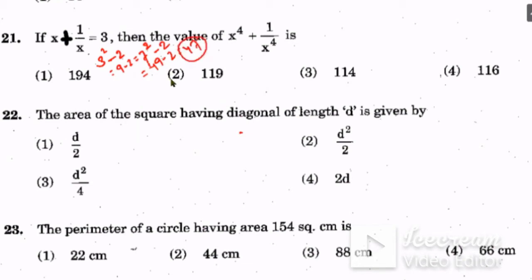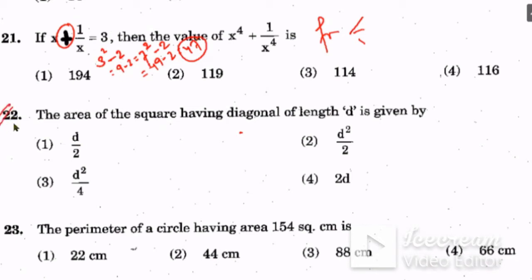Like this you will get the answer. X to the power 4 plus 1 upon x to the power 4 is 47, if it is plus here. I hope you understand this question. You have to understand all the possibilities. From one question you can make 2-3 questions, so that you can understand what is the nature of the question and how many types of questions can be made from that question.